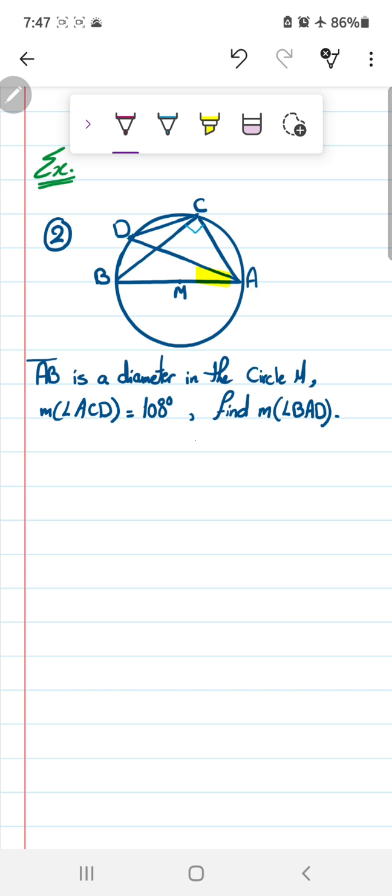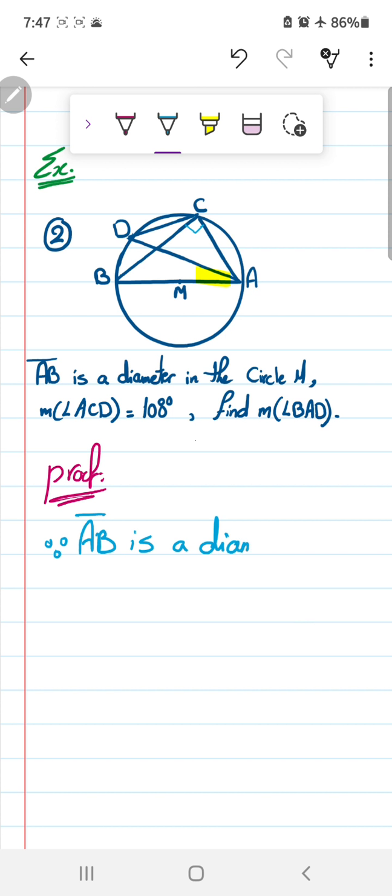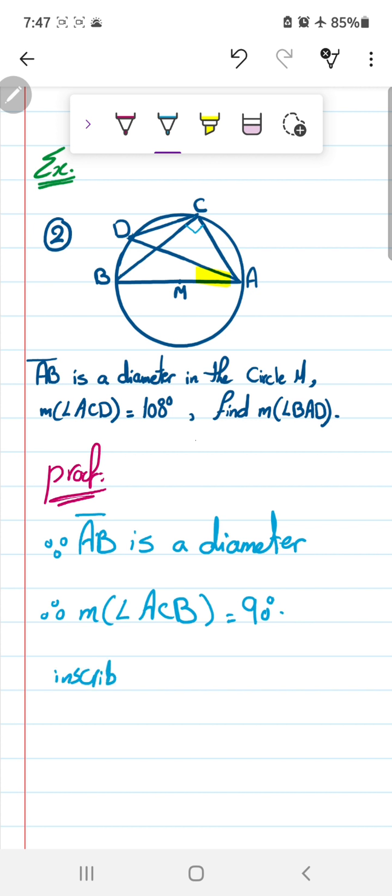Okay, let's first write the proof. Since AB is a diameter, the measure of angle ACB equals 90 degrees. Why? Inscribed angle in a semicircle.